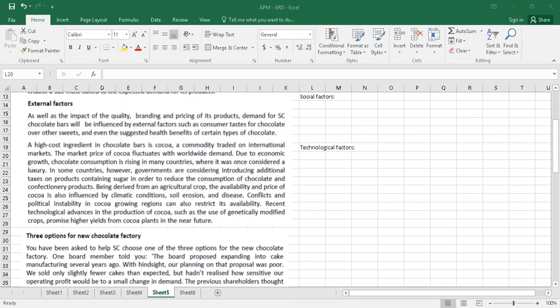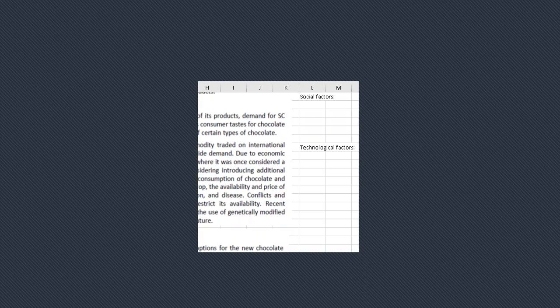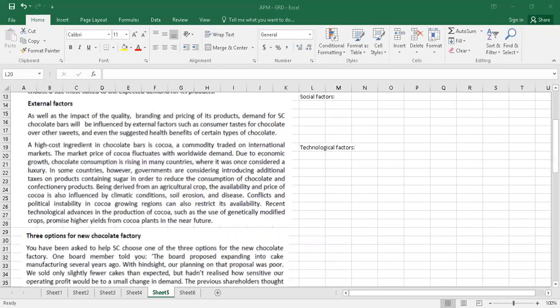Social factor, ma'am. That's right. Because anything to do with the people is a social factor. You just explain in the examination.